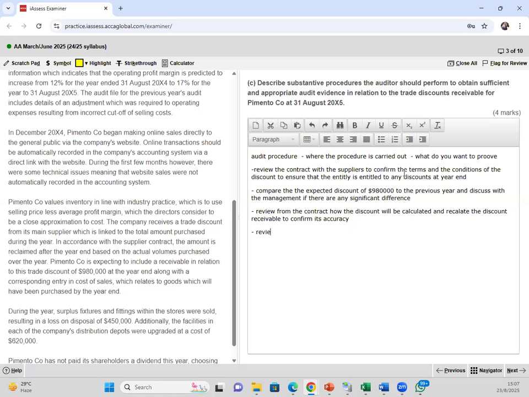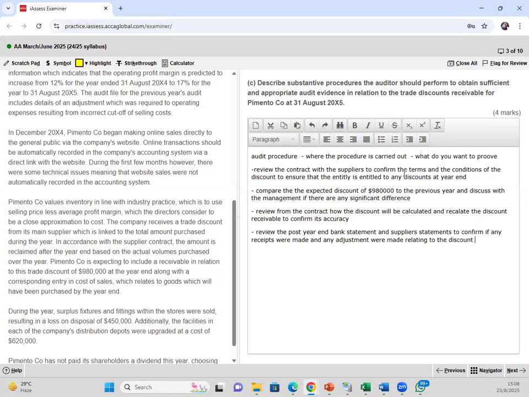review the post year-end bank statement and suppliers statements to confirm if any receipts were made and any adjustments were made relating to the discounts.